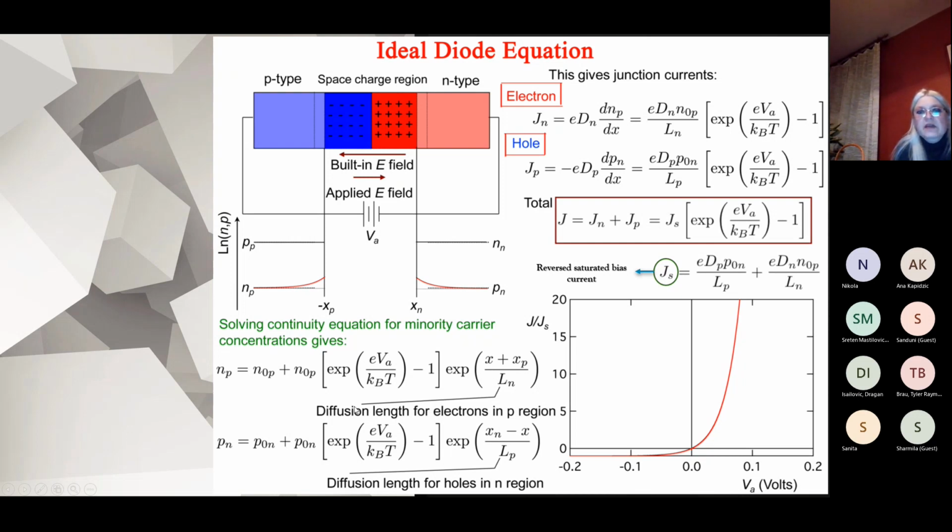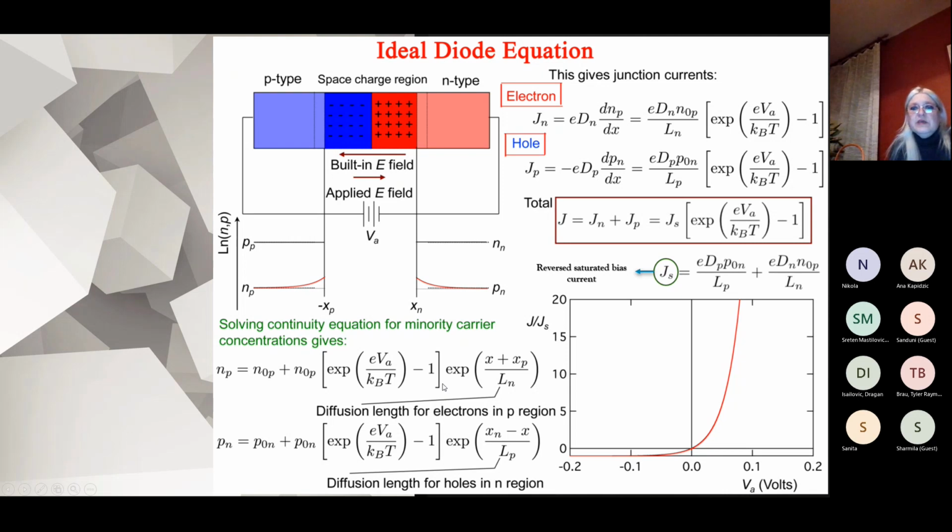Ln is the diffusion length for electrons in the p-type region. It's usually concerned only with minority species, and it represents how far these electrons can move in the sample before they recombine.